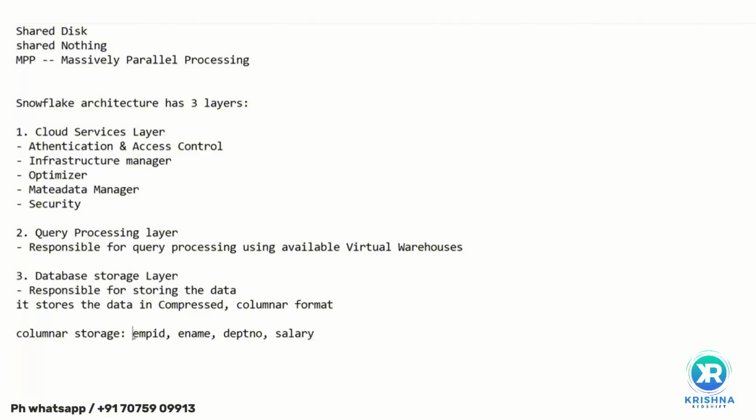Row level storage means this entire record will be stored. It may have some employee ID 1, name, department number 10, salary 10,000. So the entire record will be stored on the disk.